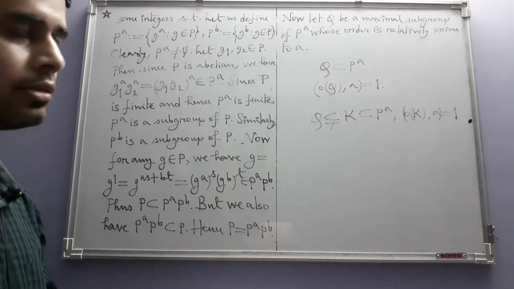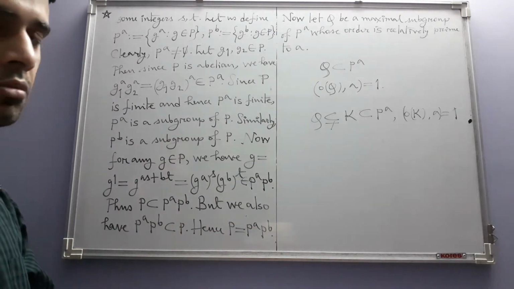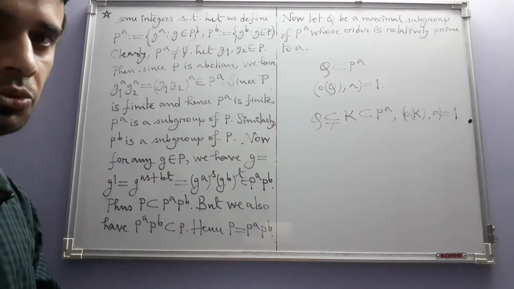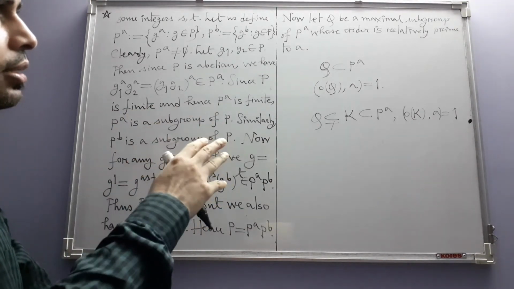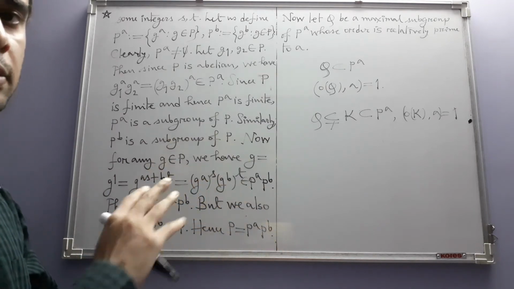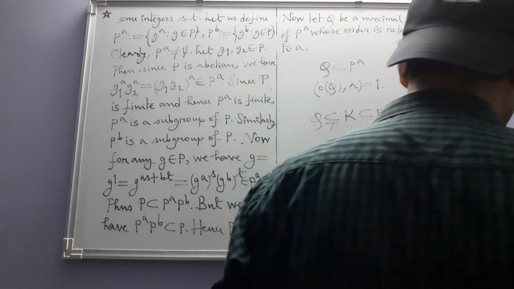That we will not get. That's what we mean by maximality of Q. Now the question is, why does such a Q exist? It may not exist. I mean, how are we suddenly sure that such a maximal subgroup will exist? And the justification for that is this.